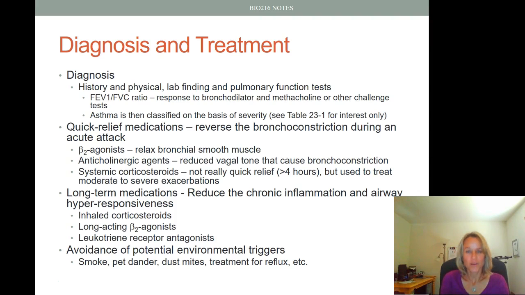And then, of course, we gave the patient a bronchodilator to reverse any bronchoconstriction we might have caused. Other challenges that we did were metabisulfite challenges, latex glove challenges, and so forth. So those were kind of interesting.